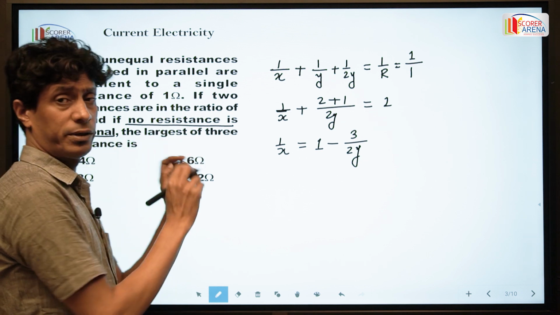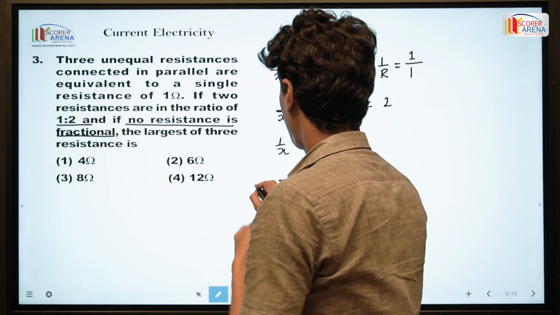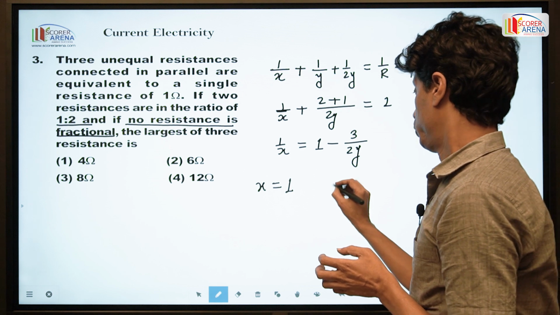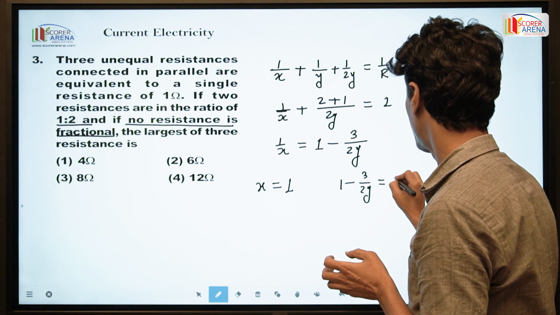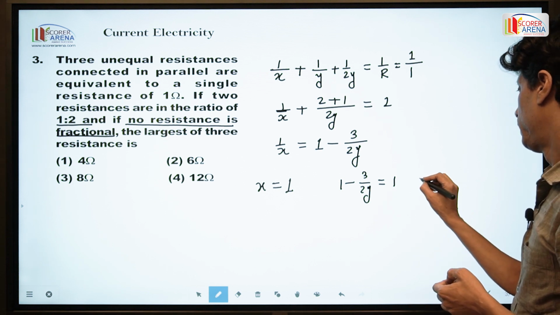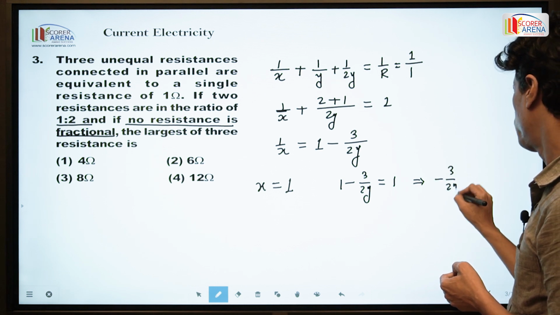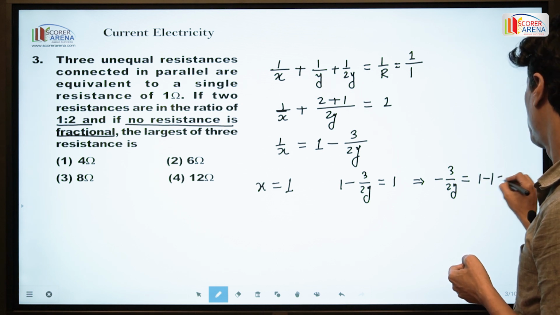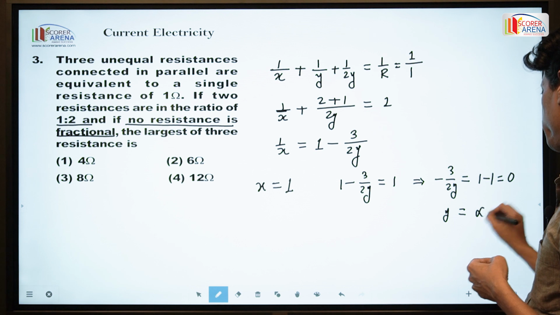Therefore by trial and error we can say, if I take X as 1, then 1 minus 3 by 2Y is equal to 1, and 1 minus 1 is equal to 0. So Y becomes infinity, so this is not possible.